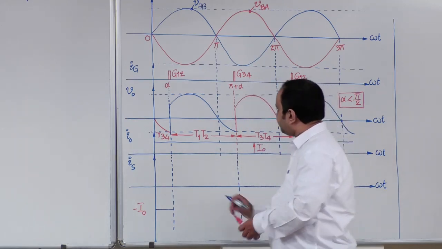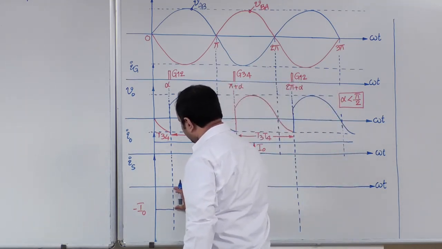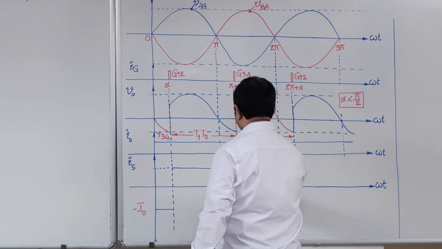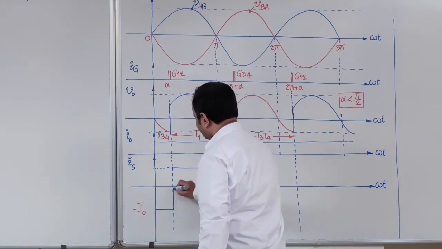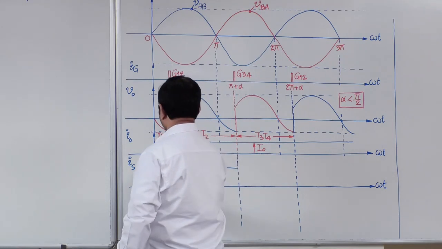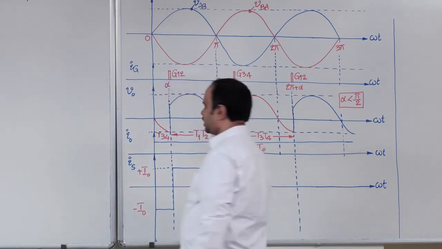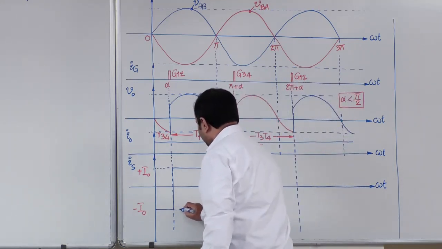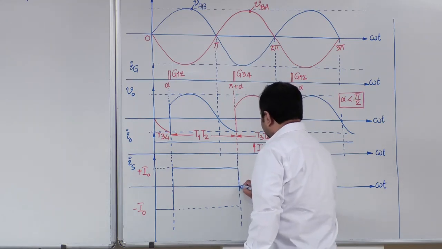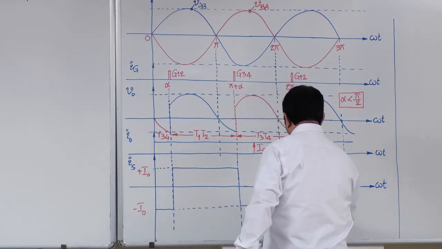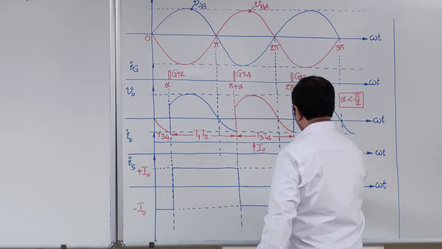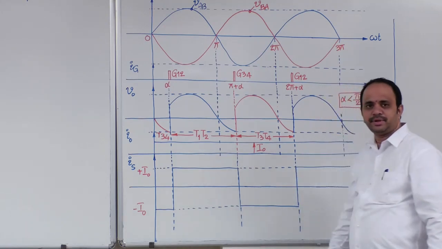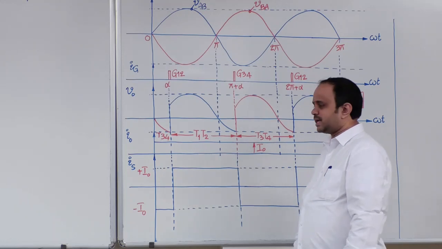Alpha to pi plus alpha, the source current is plus I naught. It will change from minus I naught to plus I naught. Next, pi plus alpha to 2 pi plus alpha, the source current is minus I naught. Now at 2 pi plus alpha, again plus I naught, and that waveform will repeat. This is the source current waveform.